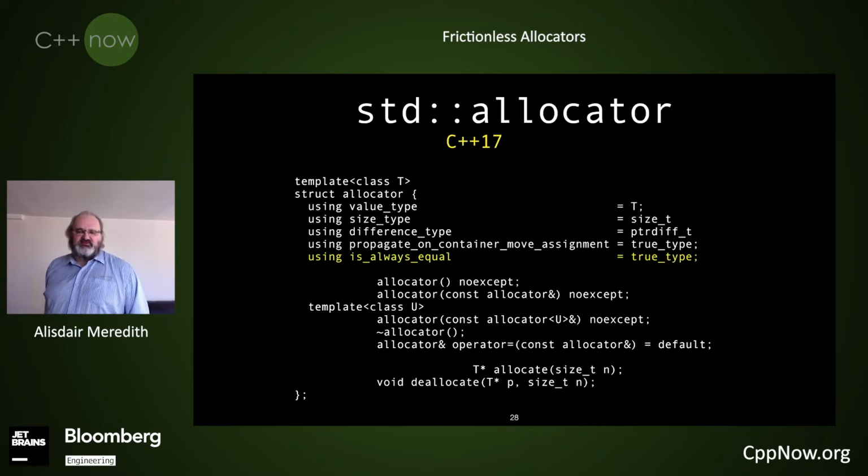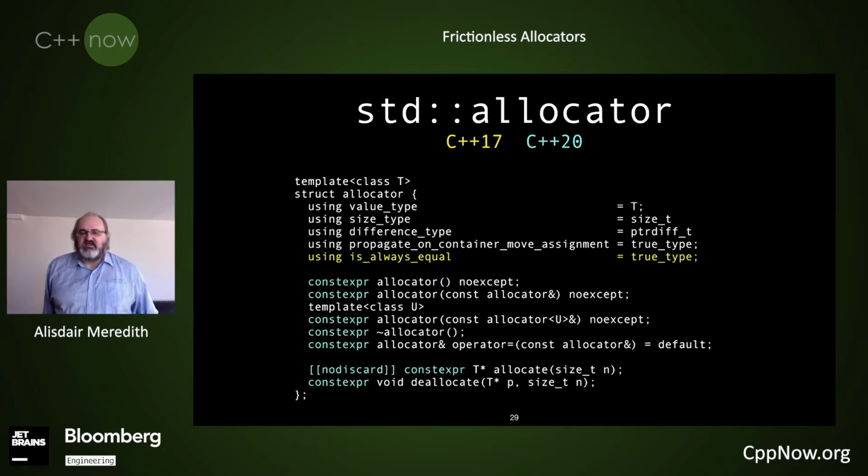So as you see, in C++17, we have this new is_always_equal trait added to the set. And in C++20, just for extra fun, allocators become constexpr. This is supporting the standard for basic_string and for vector, and user types that follow the appropriate rules for constexpr allocation. I'm not going to go deeply into that in this talk, but it's good to know that this extra facility is coming.